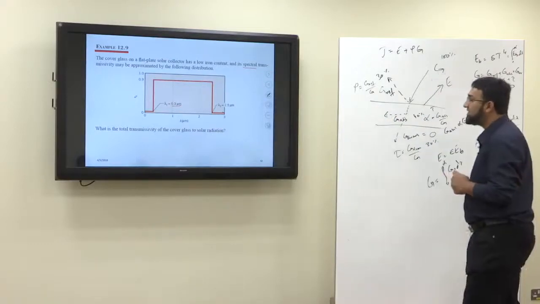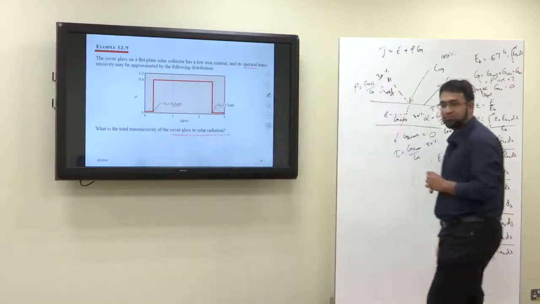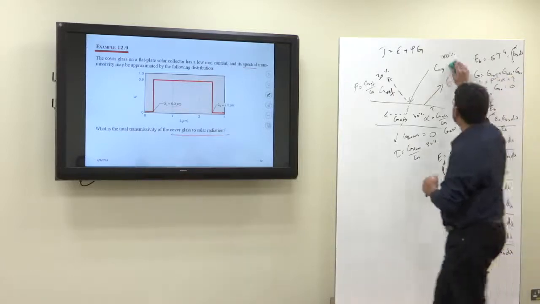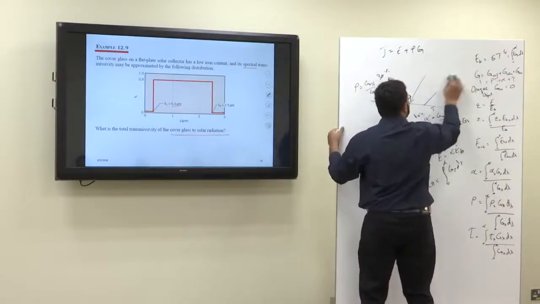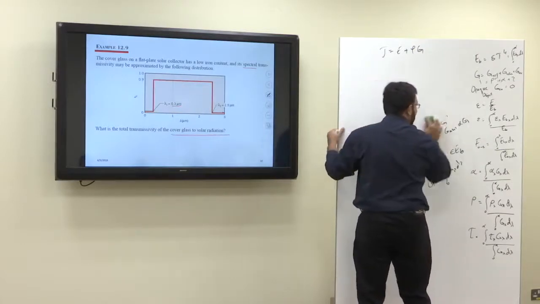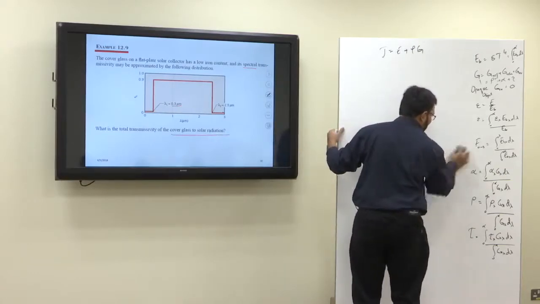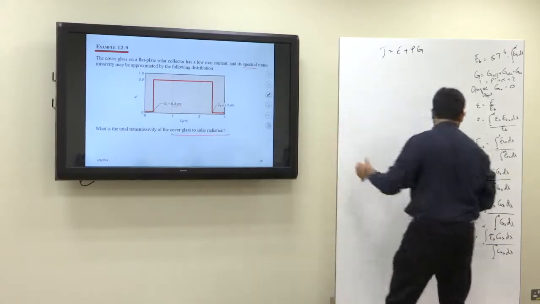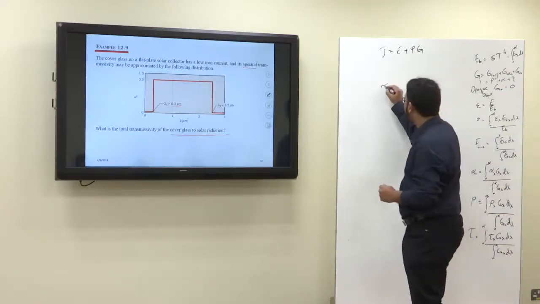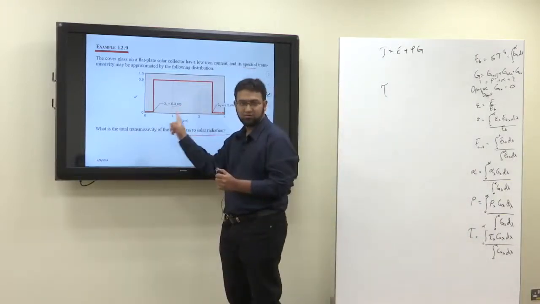Okay. What is the total transmissivity of the glass cover to the solar radiation? So we need to find out the total tau.